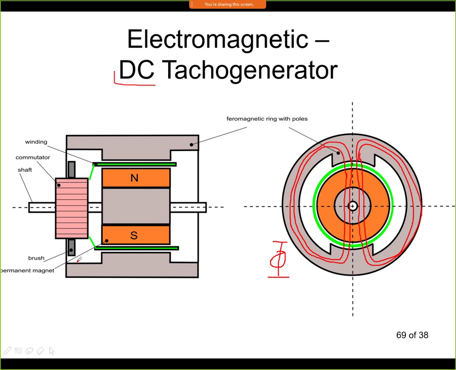For DC tachogenerators, we want to avoid the high loss on the brush, and therefore the brush is made from silver wires, because this has a much smaller voltage drop on the brush. So there is almost no voltage drop between the commutator and the brush. If this were made from carbon, then the voltage drop is typically something like 0.5 volts for one brush.